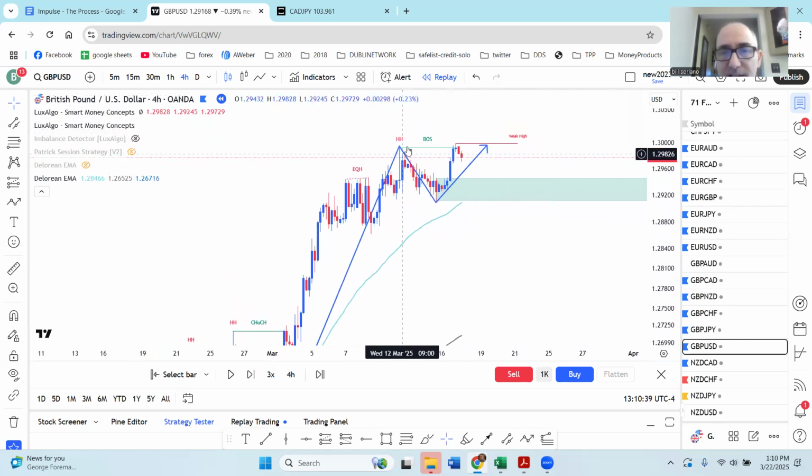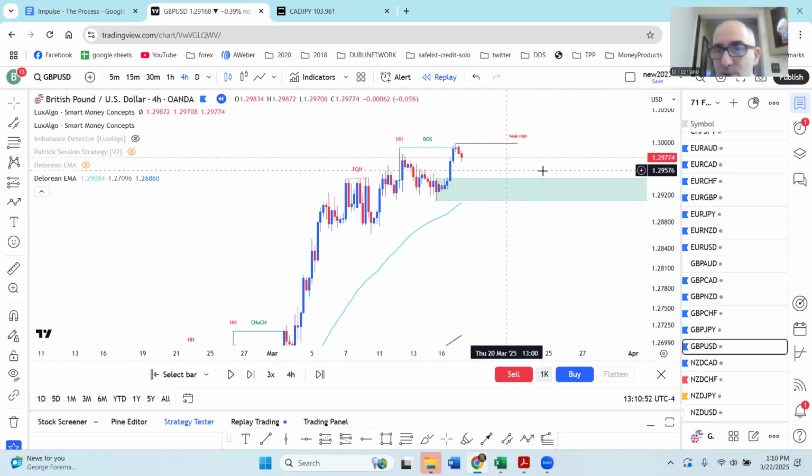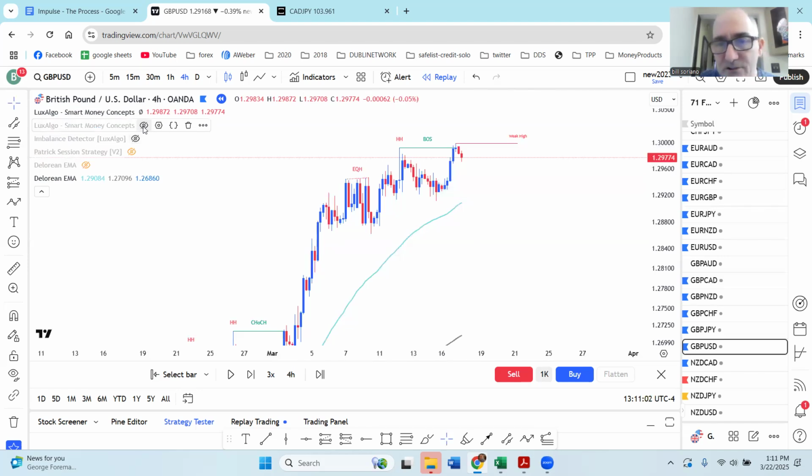I don't even think, guys, sometimes you have to look at that, that's not even a valid break of structure because you need the body of the candle to close above that wick. So when I look at this, that's just not a zone to me.